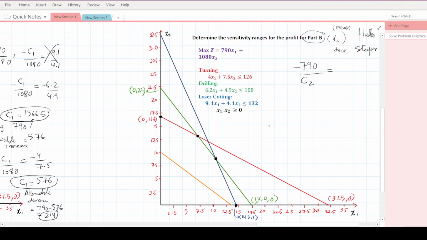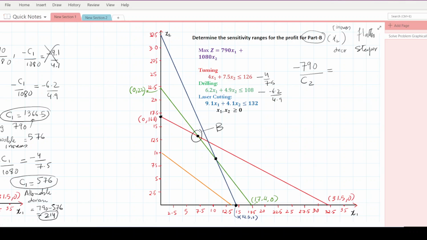and we will have to put it equal to the flatter constraint. So again, this is our point B, and from the viewpoint of this point B, we have to look for the flatter constraint. We can see that the turning is flatter, and the turning has a slope of -4 by 7.5, and the drilling has a slope of -6.2 by 4.9.